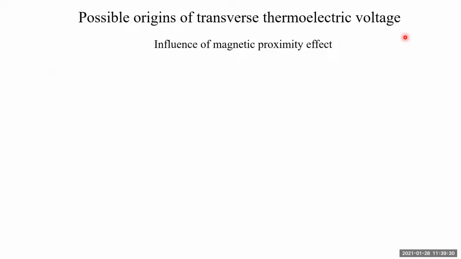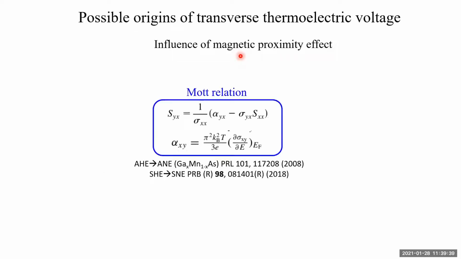When we tried to find that, we found a very strong magnetic proximity effect in TMIG platinum. From this, we can get the numbers of PNE and ANE from this proximity effect.